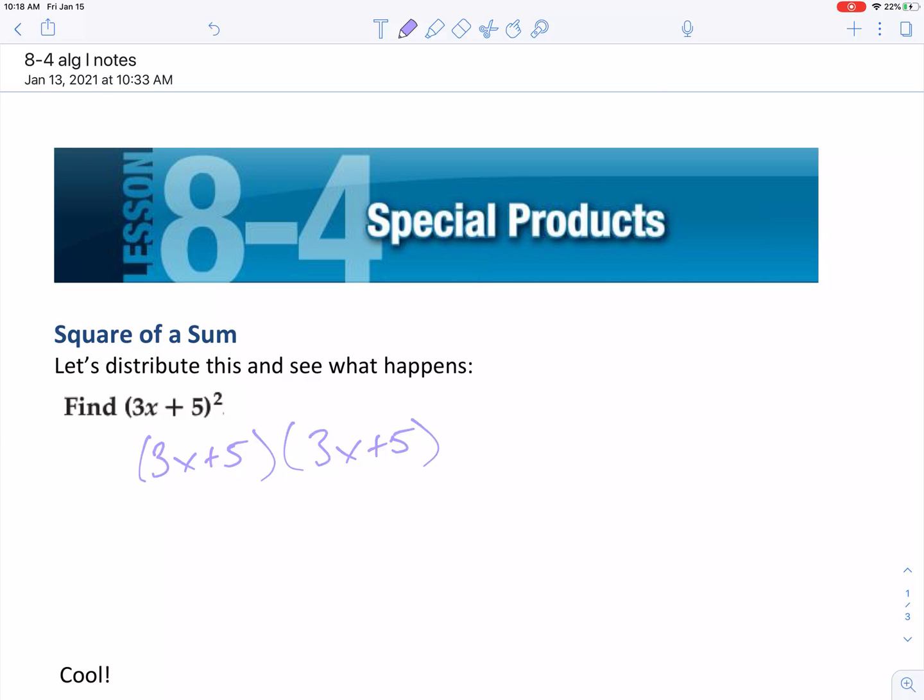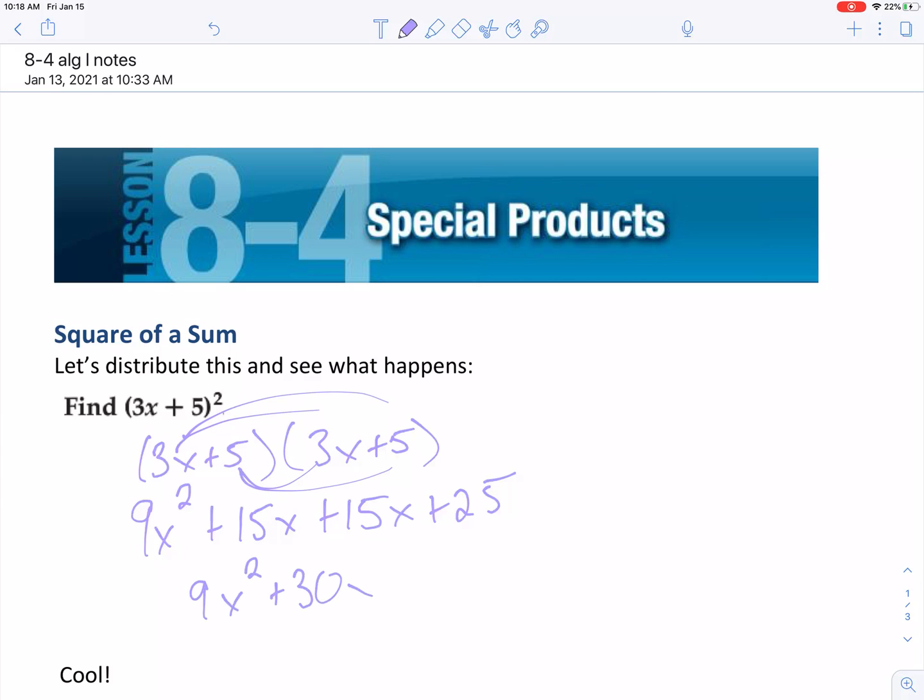And so then I can do my FOIL distribution here. And I would get a final answer of 9x squared plus 30x plus 25.